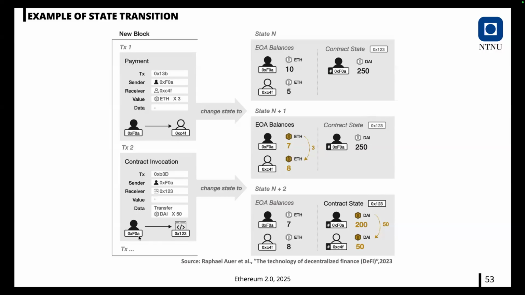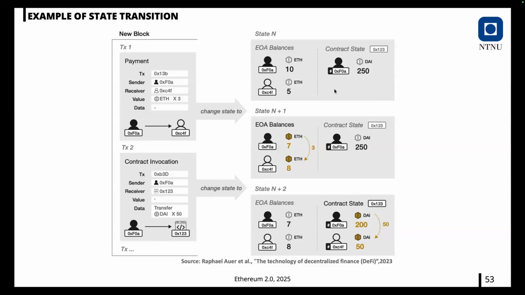So this one sends the money. Yeah, it doesn't say here. So this transaction is a method call on the contract 1 to 3, which transfers 50 DAI to the C4F, right? So it's a value transfer. Initially C4F didn't have any DAI in the contract.